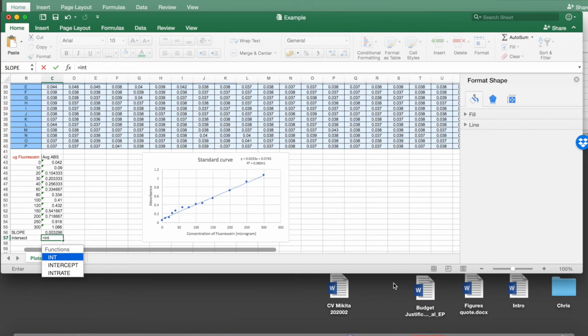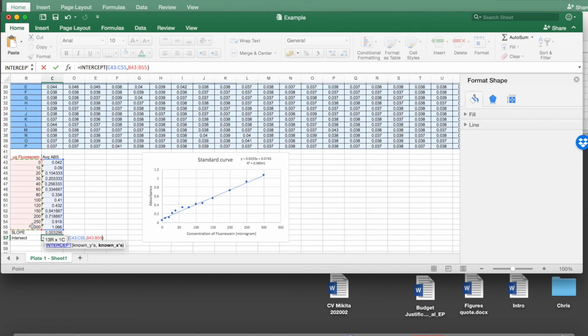What did I type? Intercept. Okay. Intercept. And then first we add our y's. Our y's are the absorbance. I have to always remind myself because this can be quite confusing. And then comma. And then the axis. Our known axis is the concentration of fluorescein.